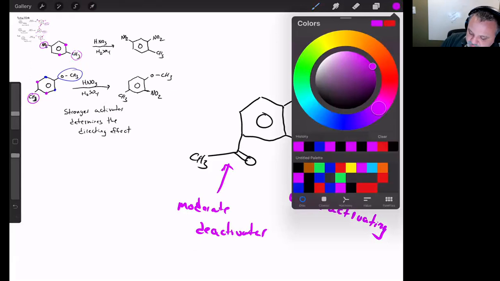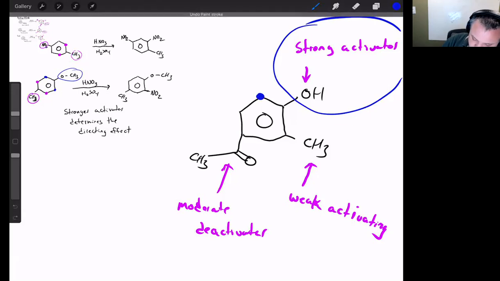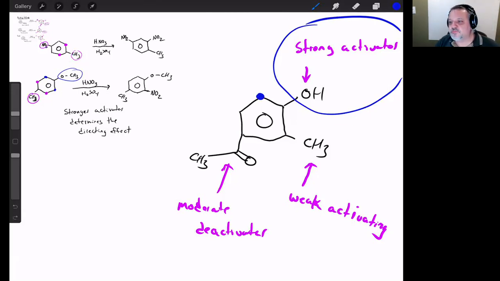And so when I think about it, I say, which one is the strongest activator? In this case, it's OH. And so OH is going to determine the directing effects. It's an ortho-para director. One ortho position and one of the para positions are already taken up.